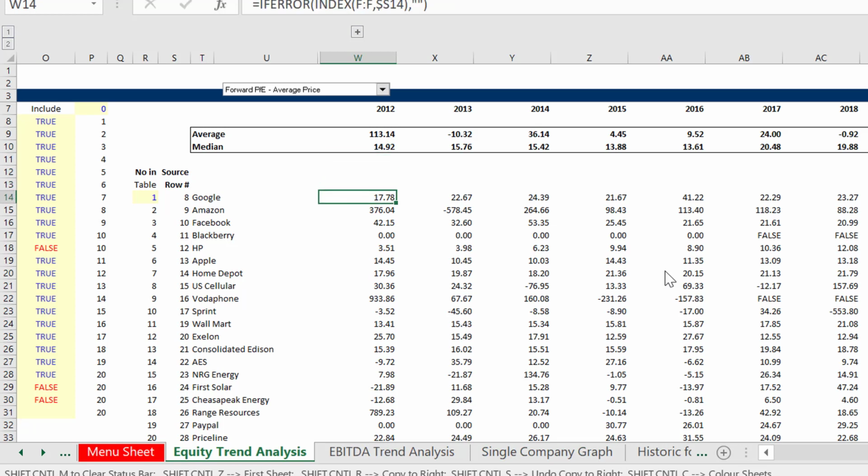So the PE ratio for Google, if we look at the end of 2017, it was 22, 23. Forward PE is much better to look at. If I look at Apple's PE ratio, 14, 14, 10, 10, 11, 11, 13.